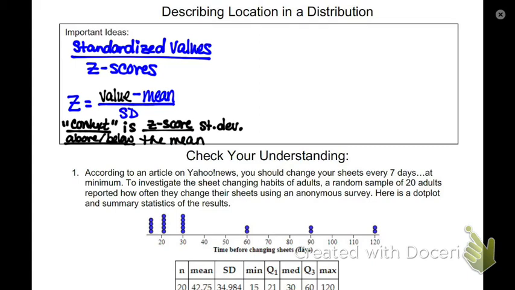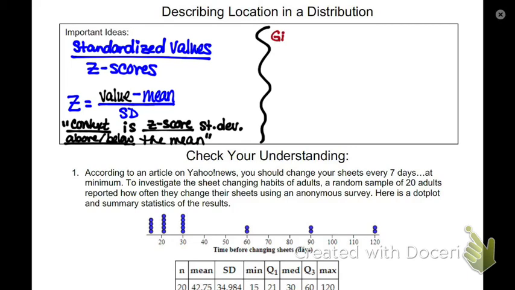This is what I'm expecting to see if I ask you to interpret the z-score in context. So-and-so's score, or this team's average, or whatever we're looking at in our context, is however many standard deviations above or below the mean.